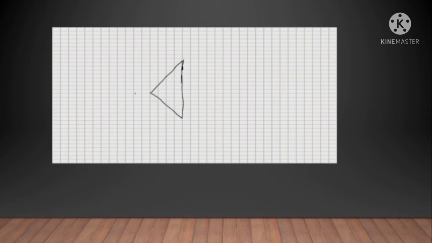If you just use the scale, the line will be perfect. So we had drawn a triangle with a horizontal line of symmetry, but there is no vertical line of symmetry. So this is the answer for subdivision A.